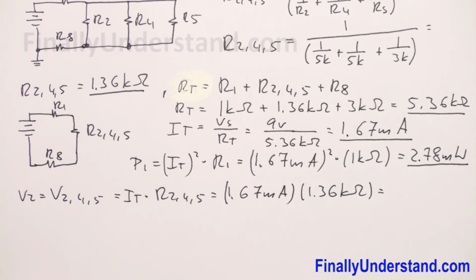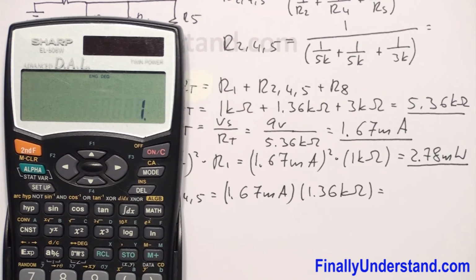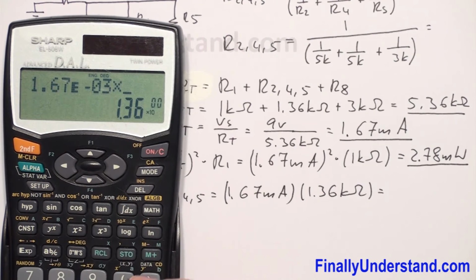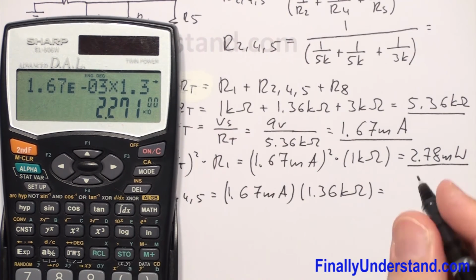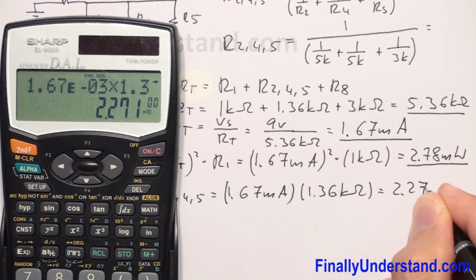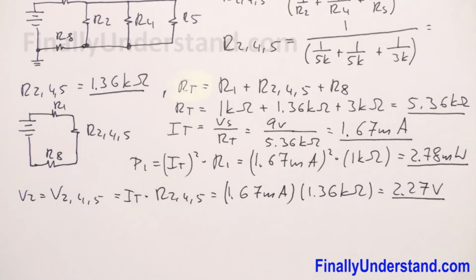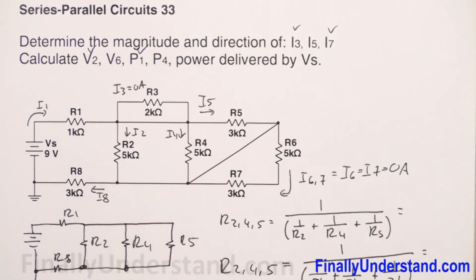So we multiply 1.67×10⁻³ times 1.36×10³, and this is equal to 2.27 volts. Okay, so we found V2.